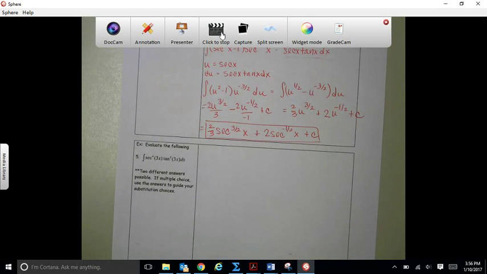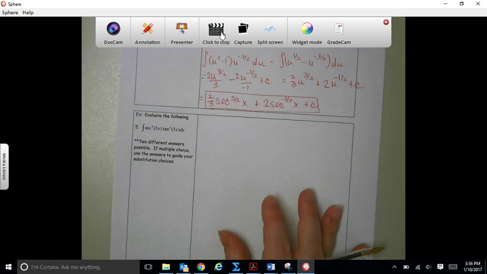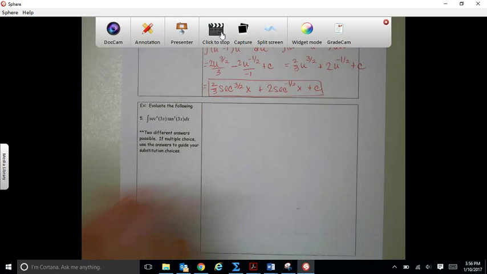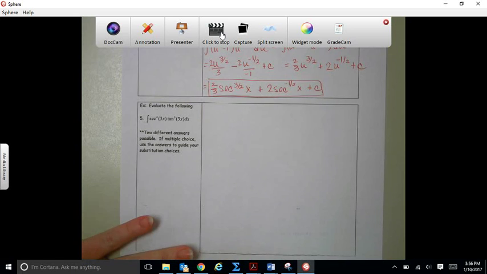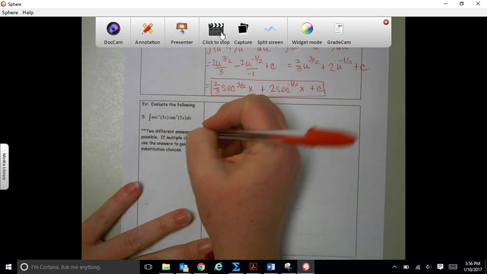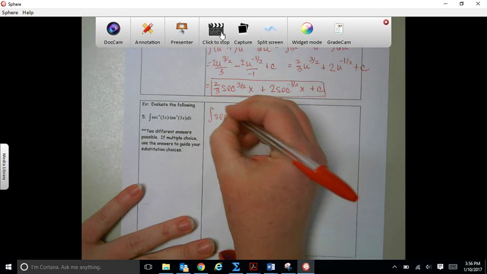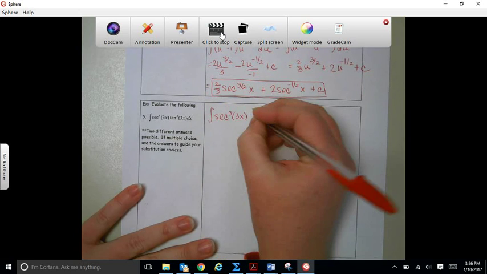Okay, last one. So here I have some secant x and some tan x's. So I could take out a secant and a tan. So subtract 1 from each of them.